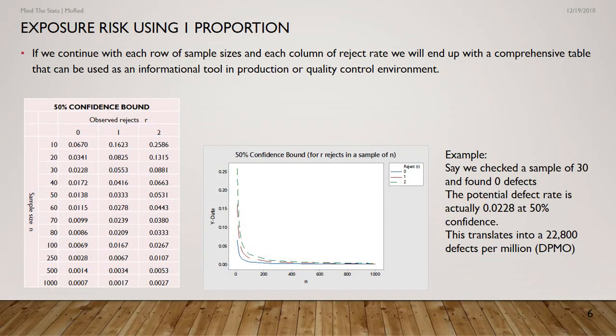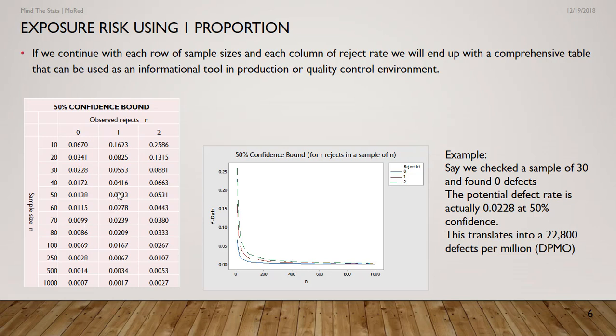This is the type of work where you could use a macro to perform repetitive tasks, but we're not going to talk about Minitab macros here, maybe in future sessions. Instead, we're going to perform the same command over and over for each row and column combination in the table shown here to the left.